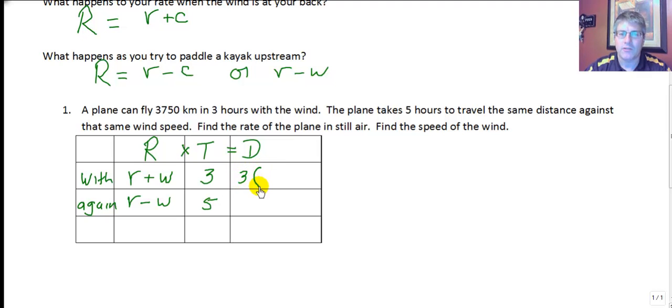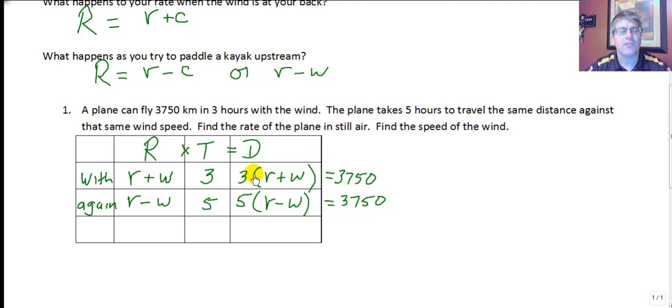So our distance is 3 times r plus w, and our distance is 5 times r minus w. Well, the one-way trip is 3,750 kilometers. So this distance here is 3,750, and this distance here is 3,750.